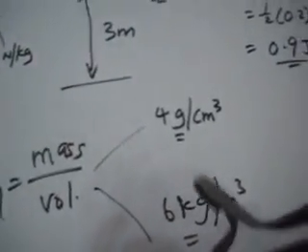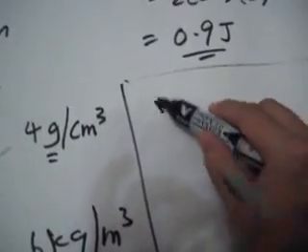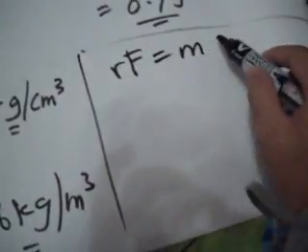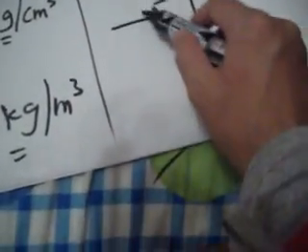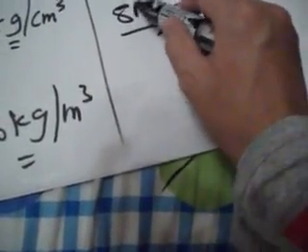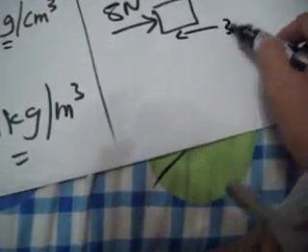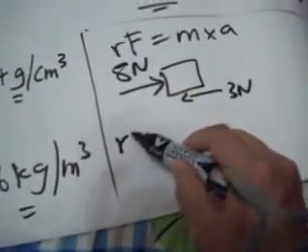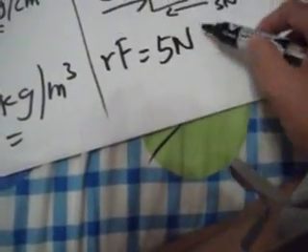Now there is one more important equation that relates to mass, which is resultant force equals ma. Now if I have a box, somebody pushes the box with 8 Newton and the friction is 3 Newton, we say that the resultant force is 8 minus 3 because they are opposite in direction, which is 5 Newton.